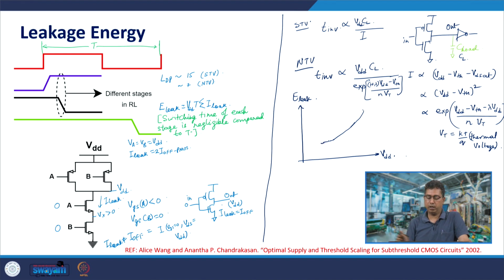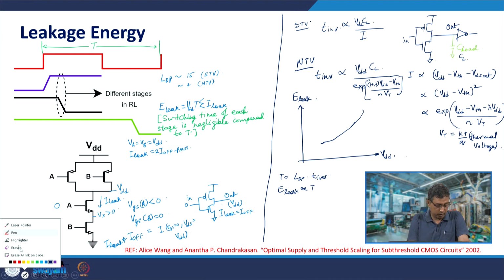But then because the time period of the clock, as we know, is logic depth times inverter delay, as inverter delay increases significantly, almost exponentially, the leakage energy, which is proportional to the time period of the clock, also increases almost exponentially.